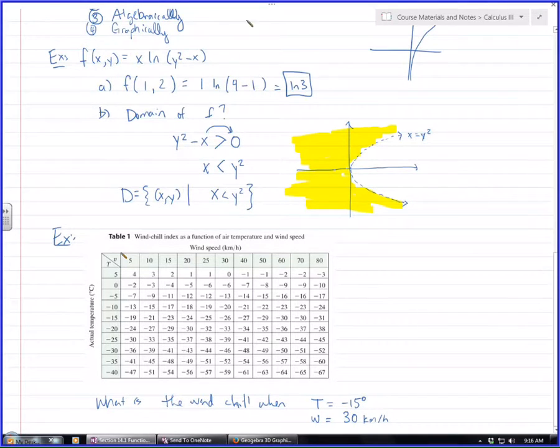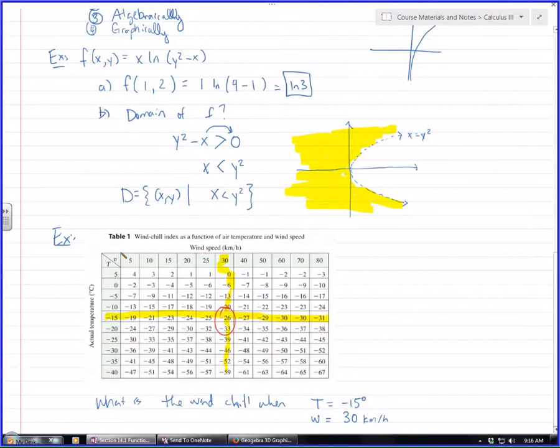You know how to do that. That's just a matter of finding where the row and the column intersect. So you go negative 15 and 30. So the answer's negative 26.